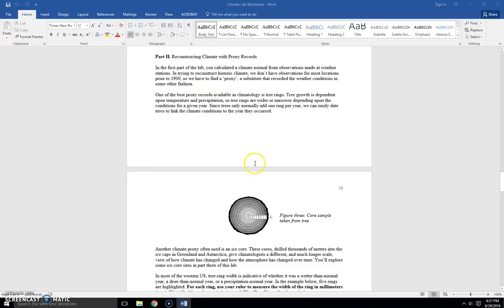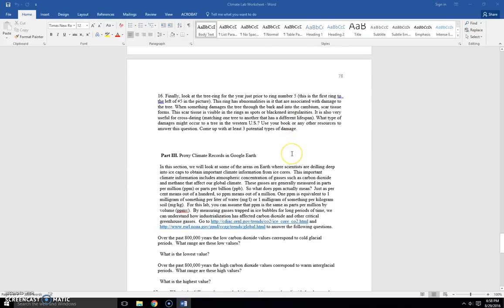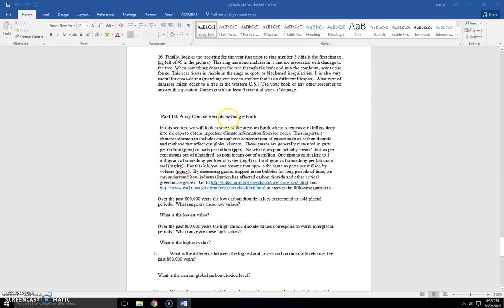That's a paleo proxy record. And part three, we look at climate records, not in Google Earth. I'm deleting that right now, but they're climate records in ice cores.